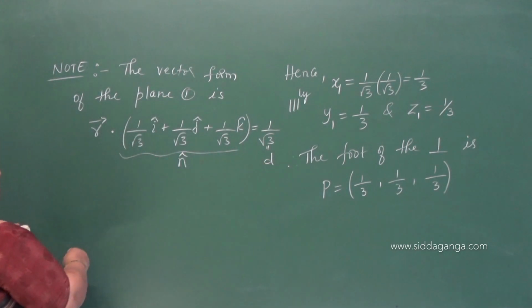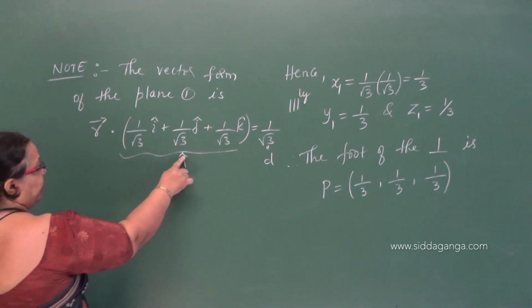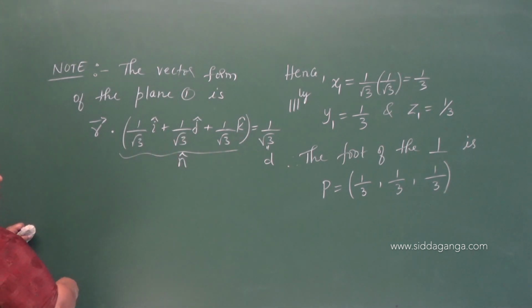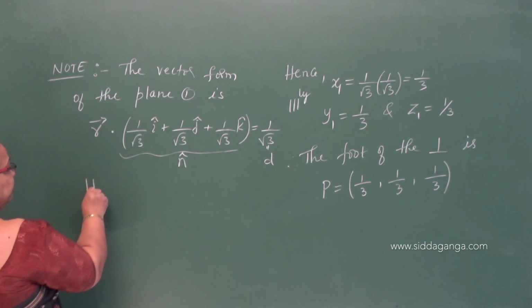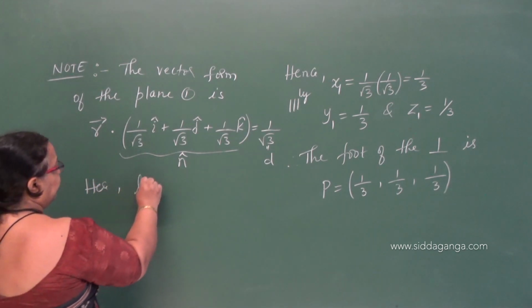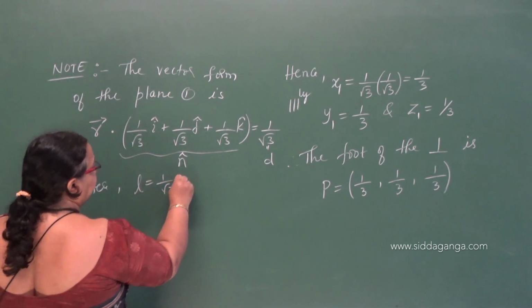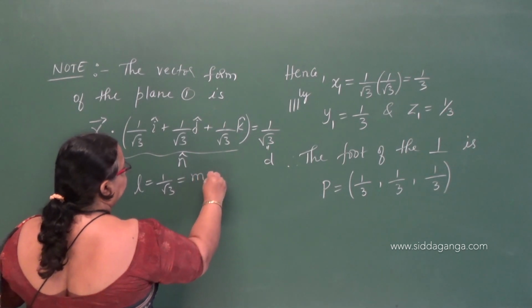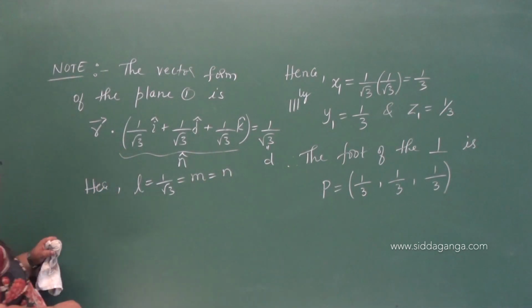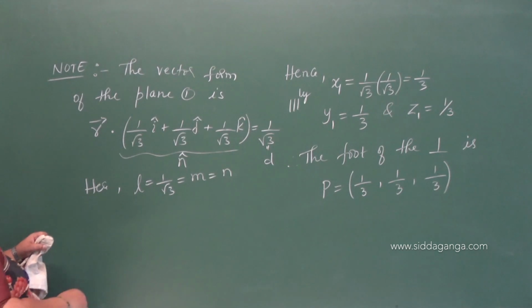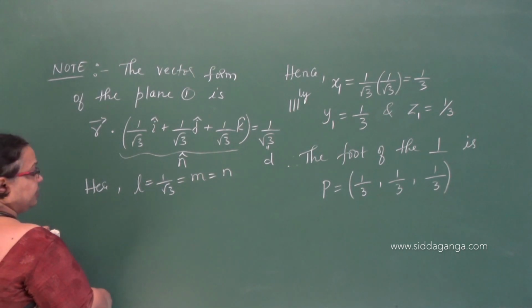The components of n cap are nothing but the direction cosines. Here L equal to 1 by root 3 equal to M equal to N. All three are the same. These are the direction cosines.